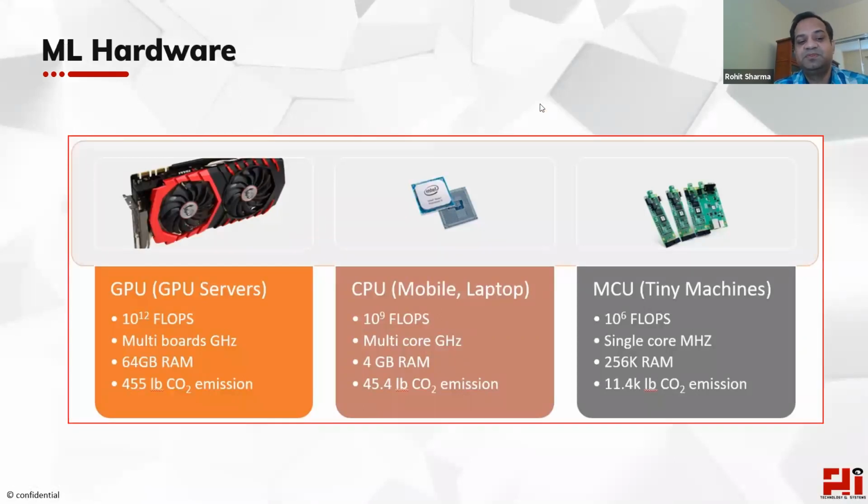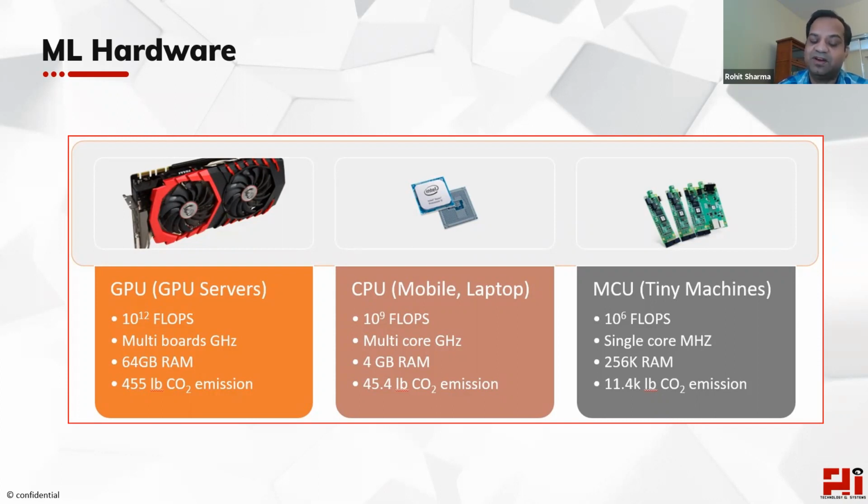So far, GPUs that are in practice support more than terabytes of flops. Flops is floating point operations per second, and is typically the unit in which we measure how powerful the hardware is. And so GPUs support 10 to the power 12, with many boards running in gigahertz, and spatial architecture with spatial fabric for the parallel connections to onboard the data from the disk to RAM to the GPU board itself.